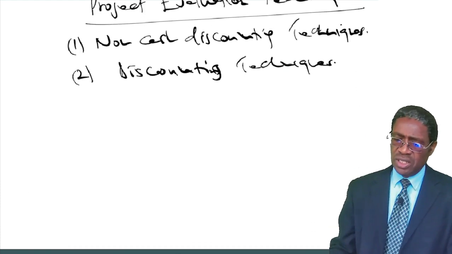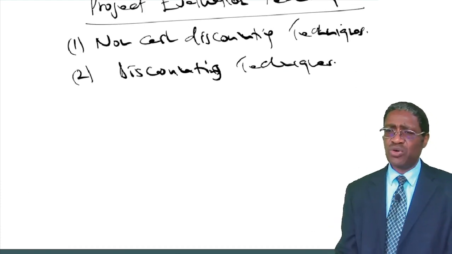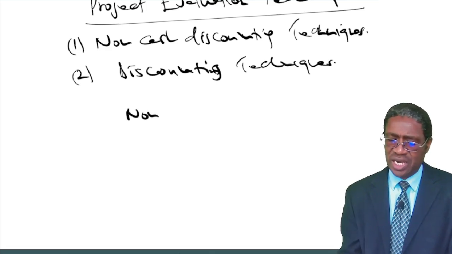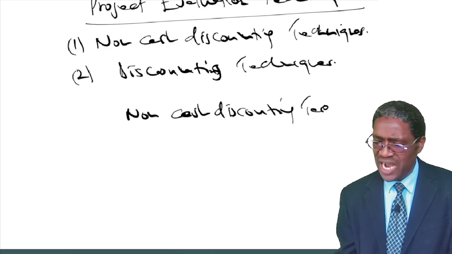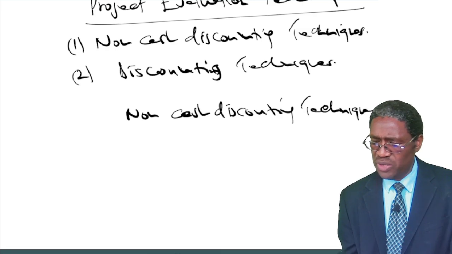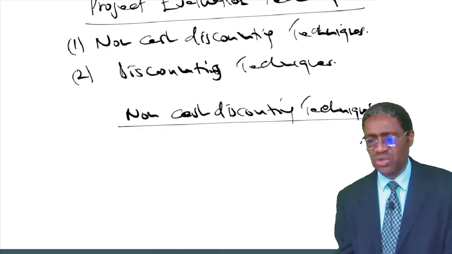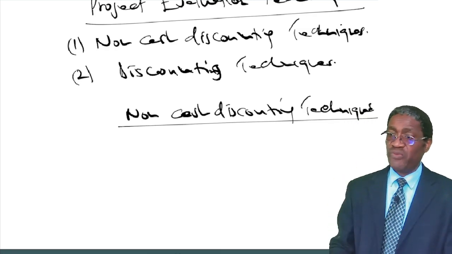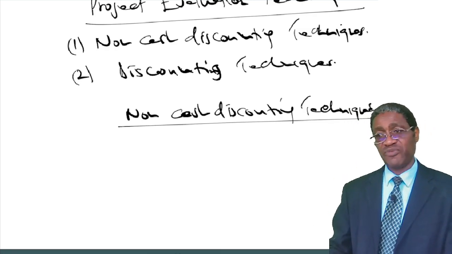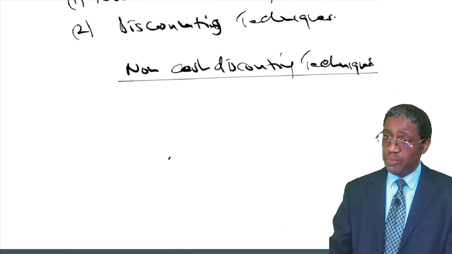Now, let me go back to the first category, which we are calling the non-cash discounting techniques. Which methods do we have under this category? Under this category, we have two methods of evaluating projects.